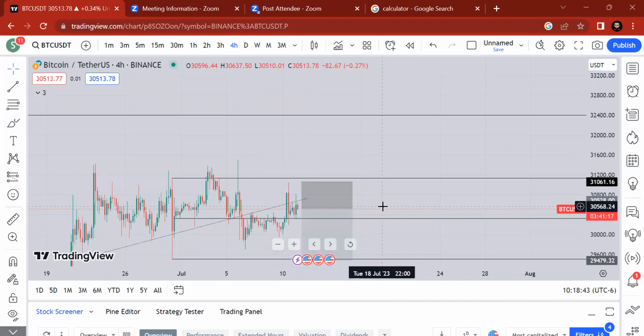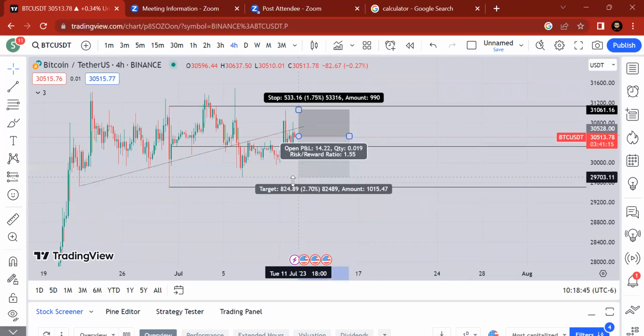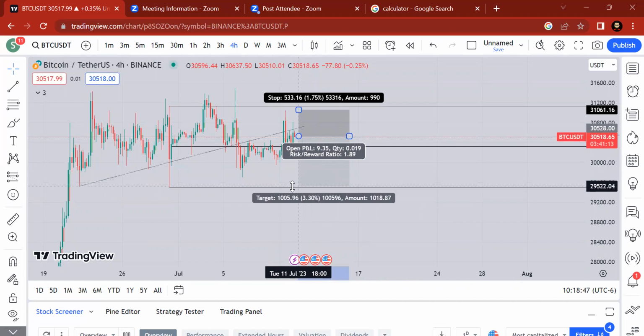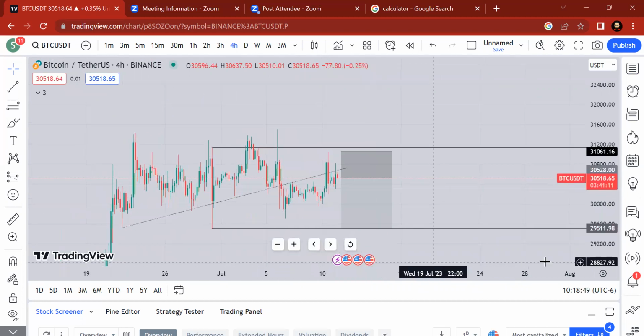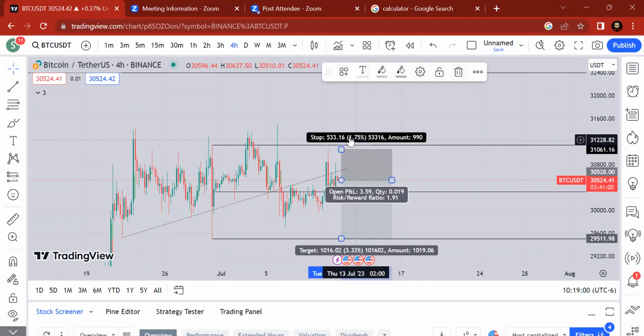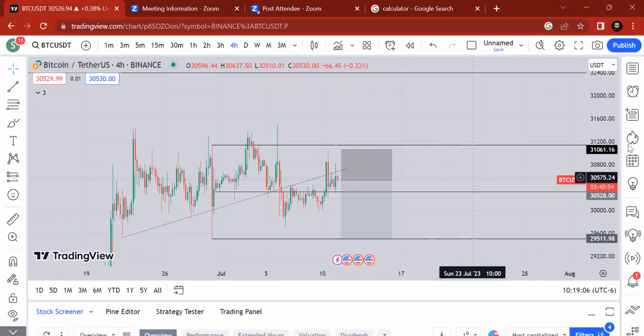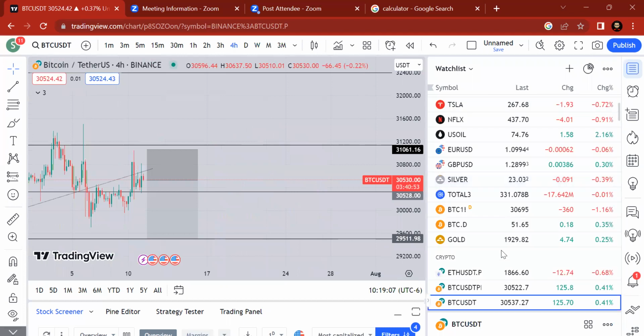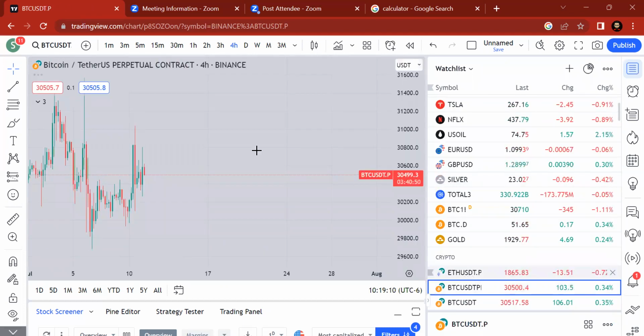What will be the stop loss? This one. What will be the target, the range low here? This one. So now what should I do? I will check the stop loss percentage. This one. If you see, 1.75% is my stop loss percentage. Okay, I will come back to my own chart again.